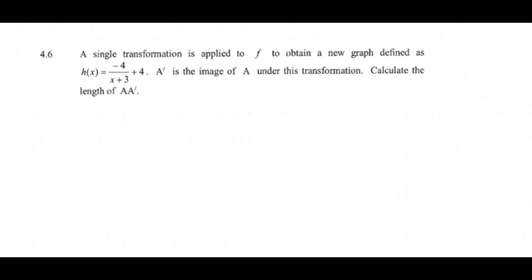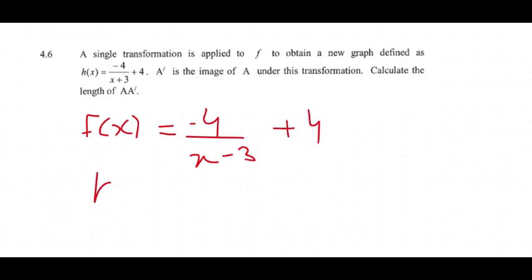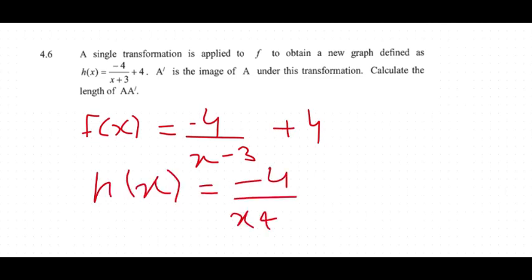So the original function we have is f of x, which equals minus 4 by x minus 3 plus 4. And the new function is h of x equals minus 4 over x plus 3 plus 4. Okay? So these are the functions.